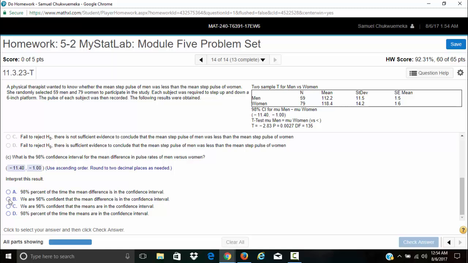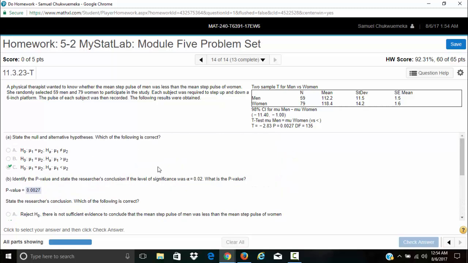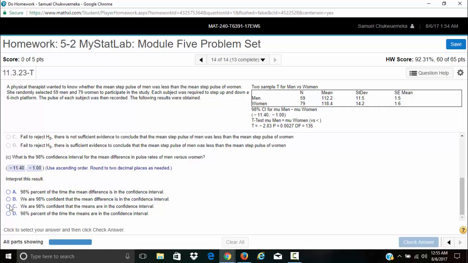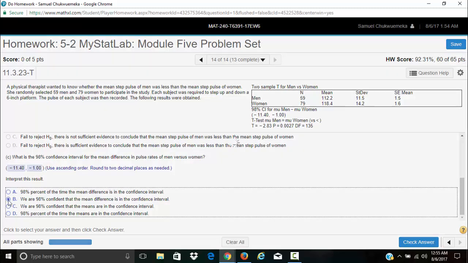Remember, the null hypothesis is that the mean difference is 0, mu 1 is equal to mu 2. So we're looking at the mean difference. So B.